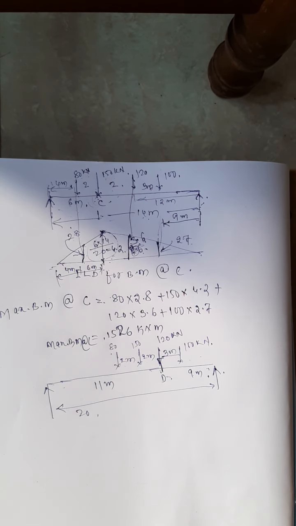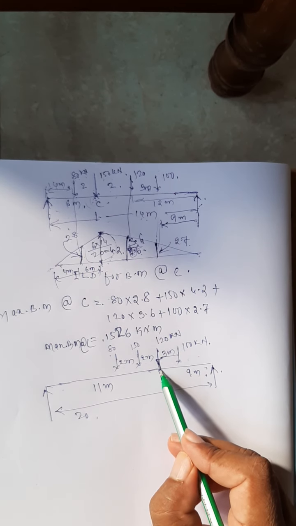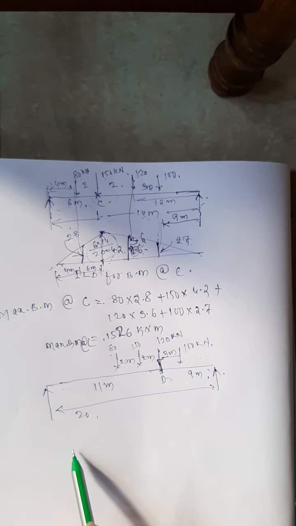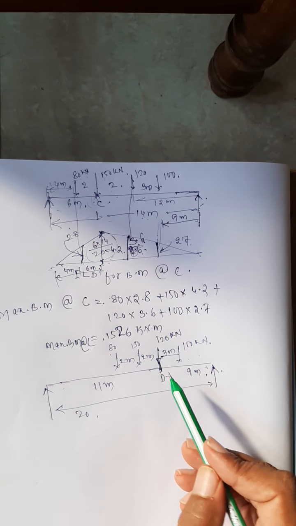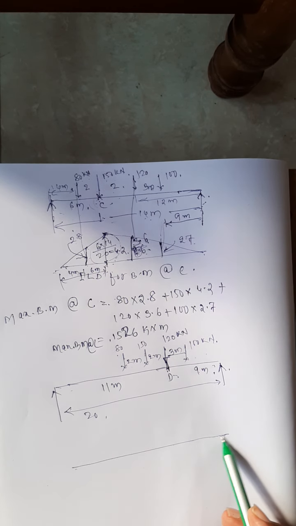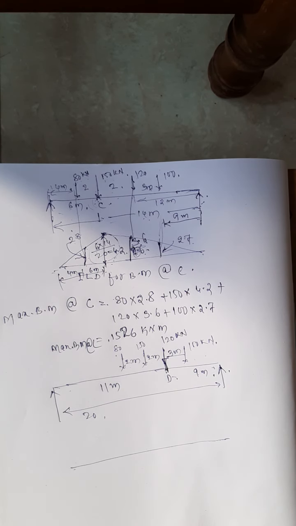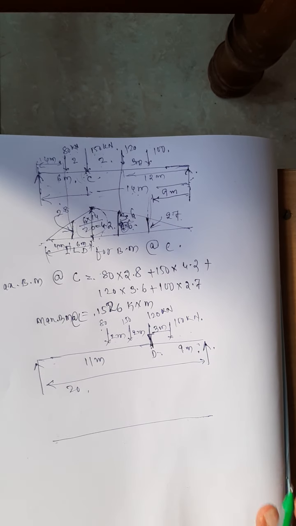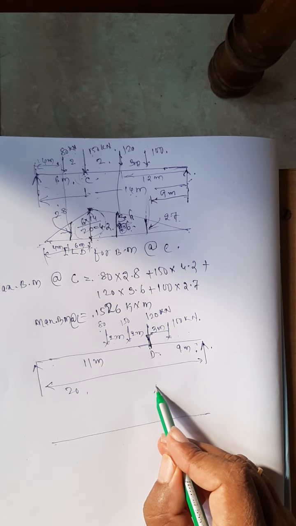Once you decide this particular step, the rest of the part you are familiar with. What you are doing is drawing the influence line diagram for bending moment at the point D. How are you drawing it? You draw here an ordinate.